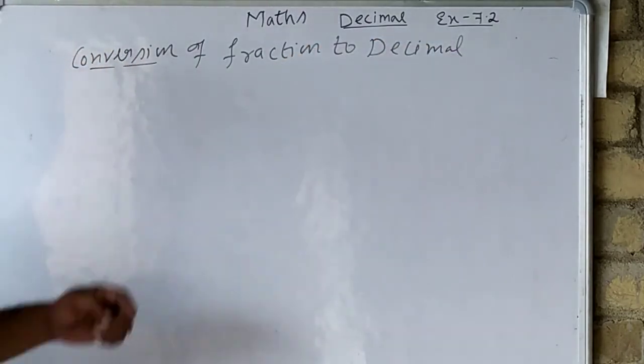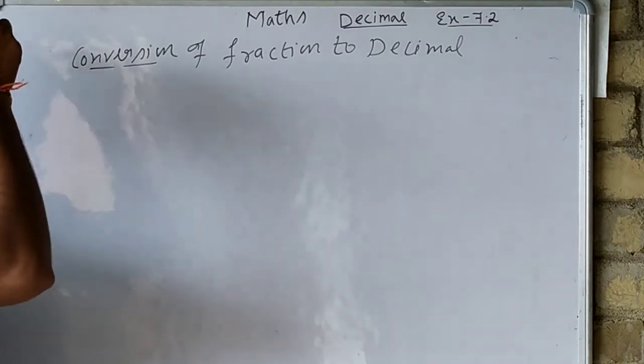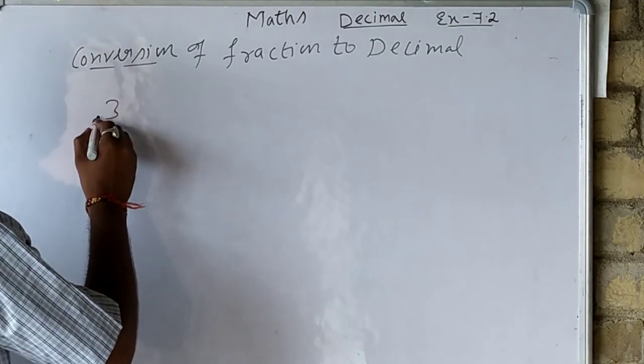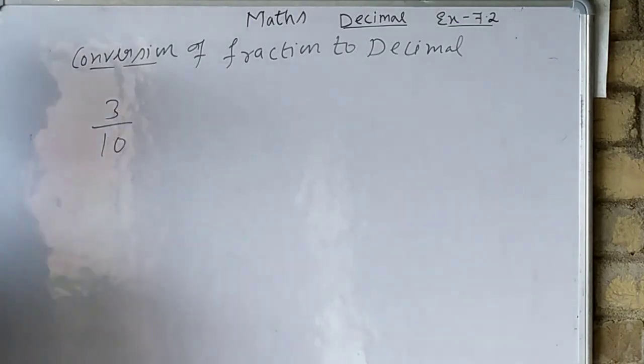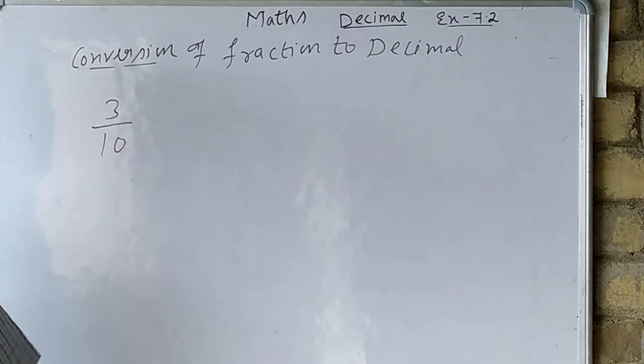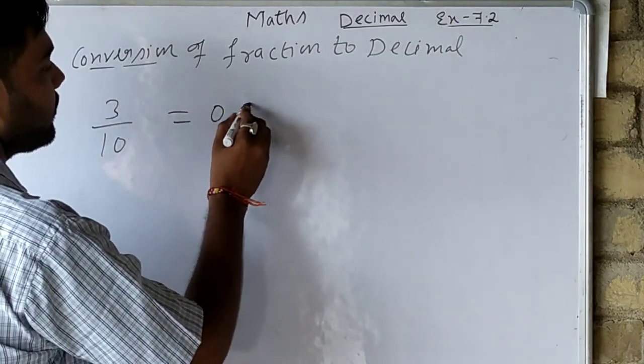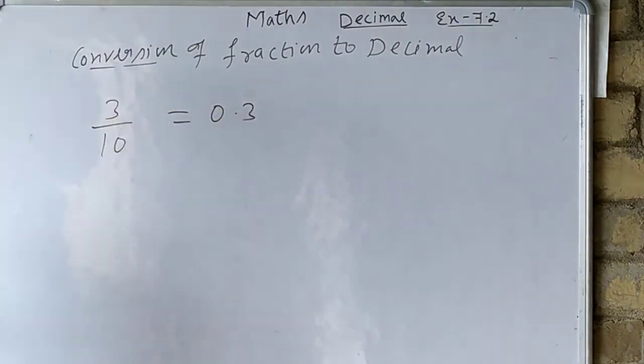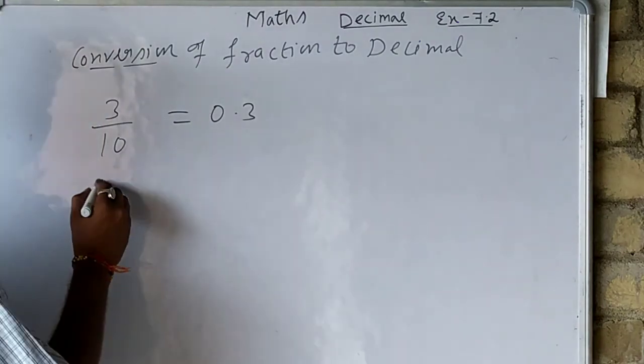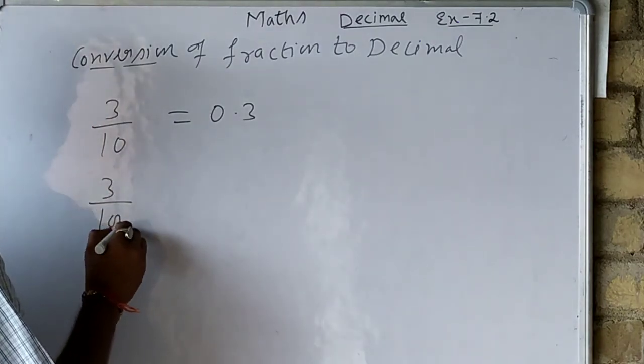Very important. Suppose we have some value 3 by 10. It is given as 3 by 10. How do we convert it? We can write it in decimal as 0.3. Suppose we have 3 by 100.